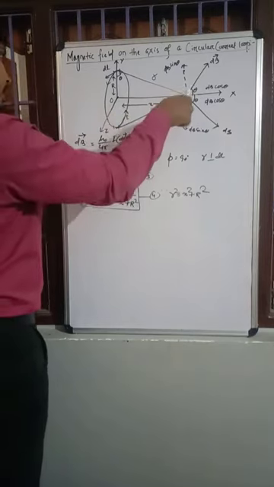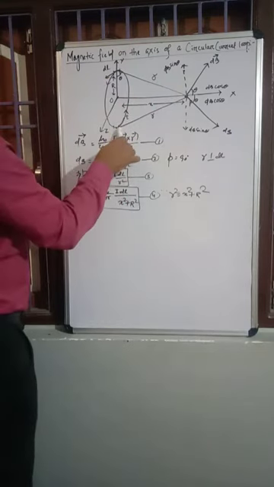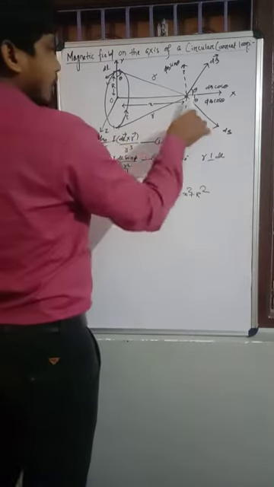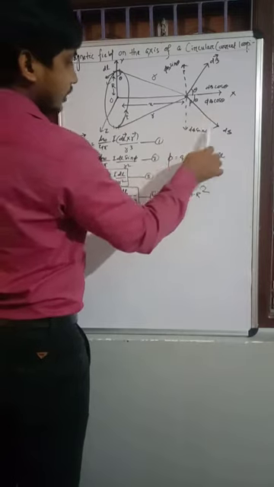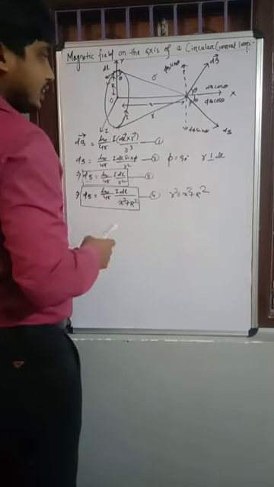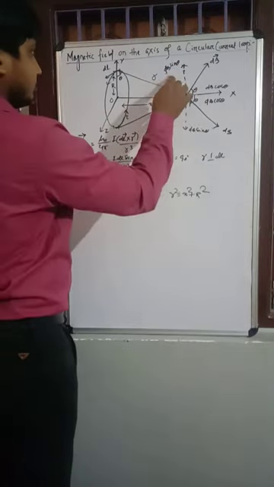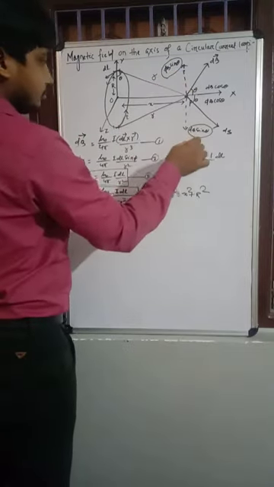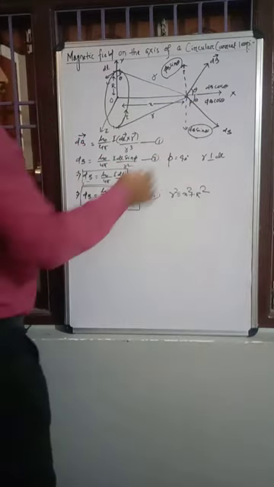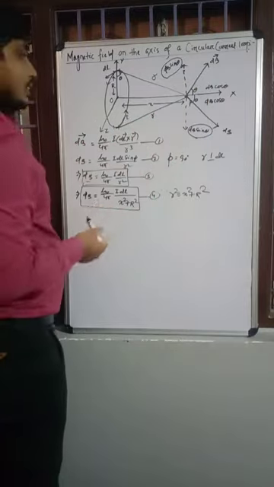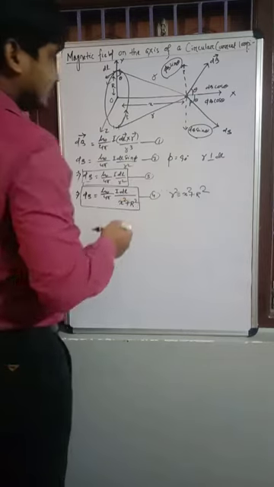They will have the same magnetic field at this point P. Like that, to this dl element, here another dl element is there, which will have the same magnetic field dB. Again, this dB is resolved into its horizontal and vertical components, and you can see that the magnitude of this dB sin theta and this dB sin theta is the same, and they are opposite in direction. So these two will cancel each other. In this case, these vertical components are cancelling each other.